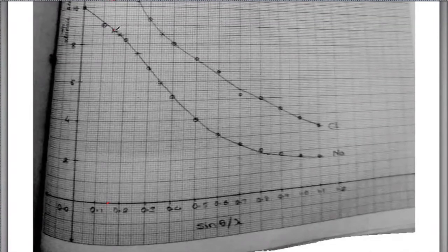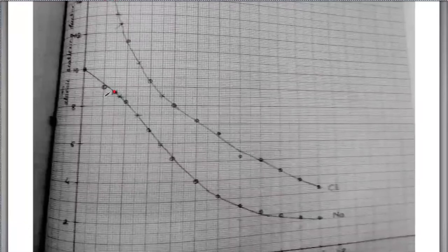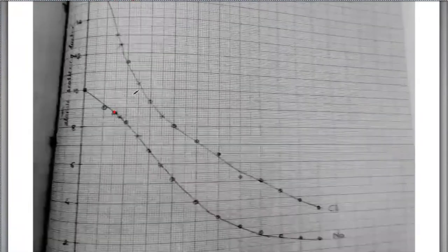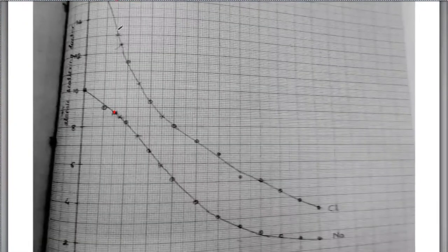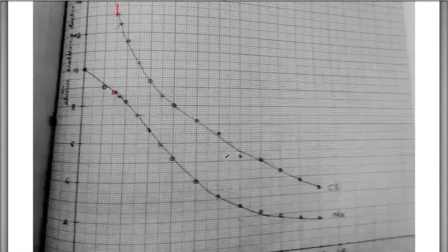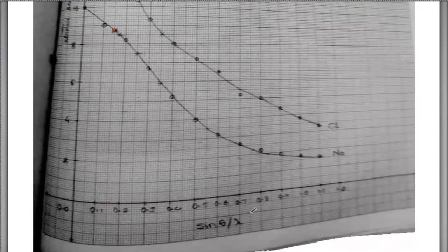This is the intersection point for sodium, the lower one. Then further extend it to the next curve, and this is going to be the chlorine part. Okay. So these two values you have to take from this graph, this curve. Okay. So do it for all 2 theta values or theta values, sine theta by lambda.